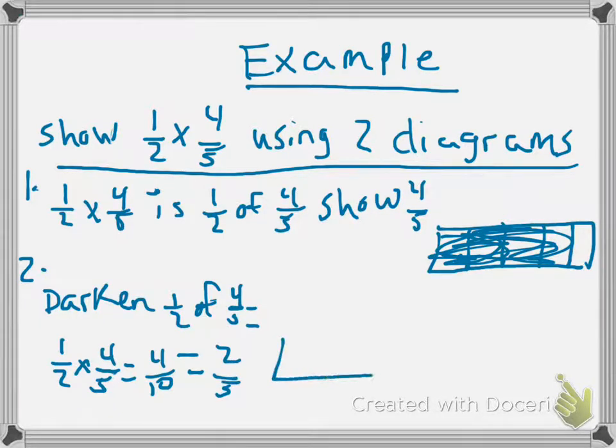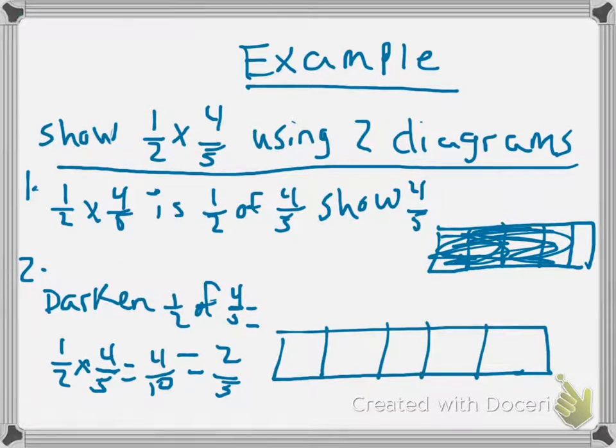So you draw a rectangle, divide it in 5 parts, and then divide it down the middle, and you get 10 parts. Then you shade in 4 of them, so that's 4/10, or 1/2 of 4/5, and that's another example to show multiplication of rational numbers.